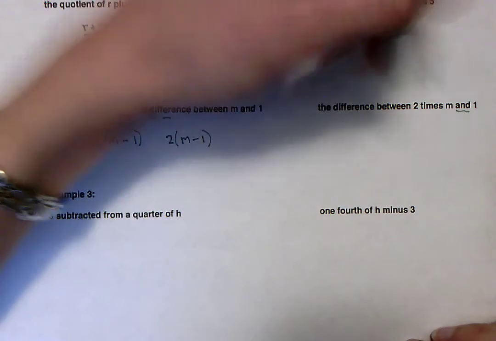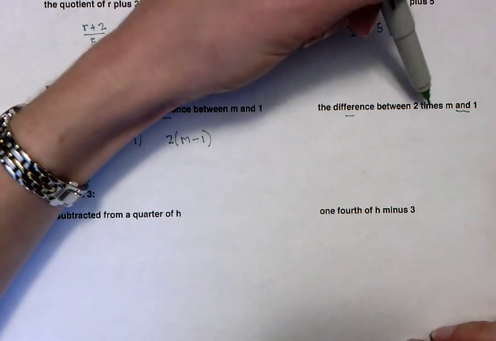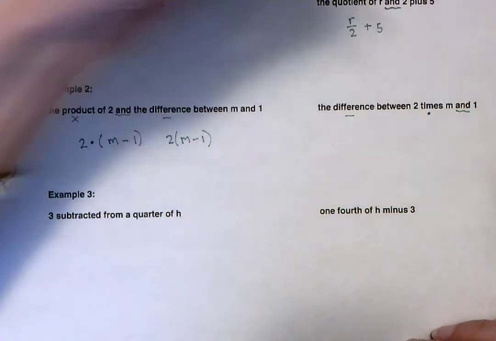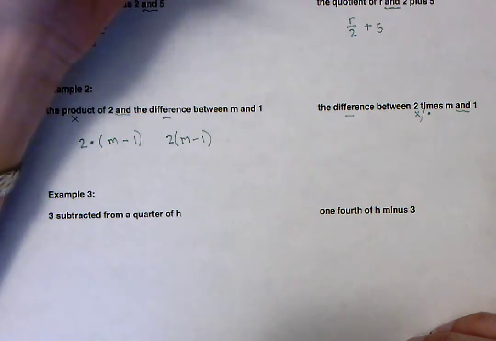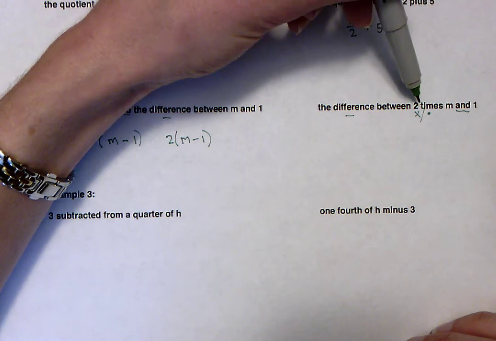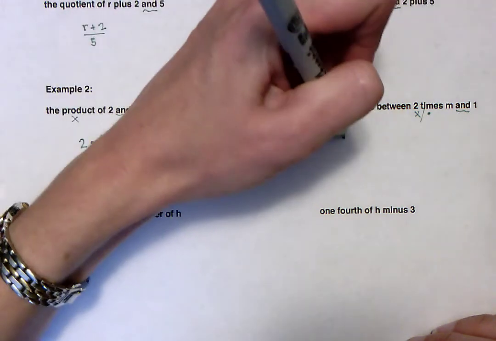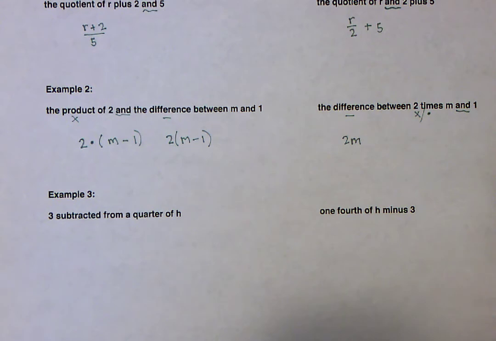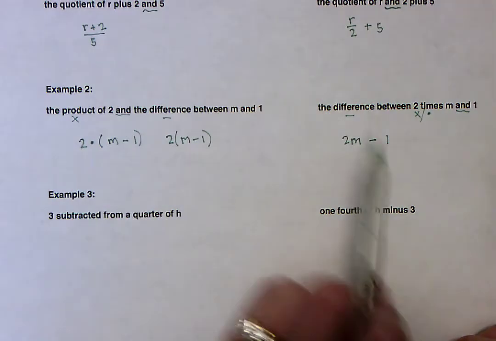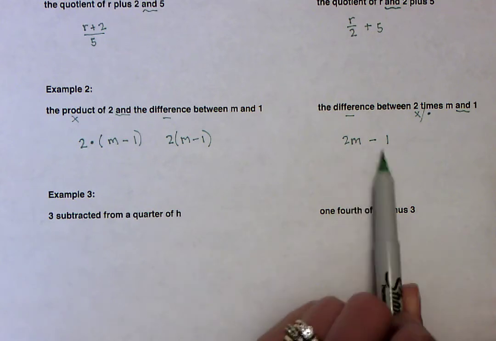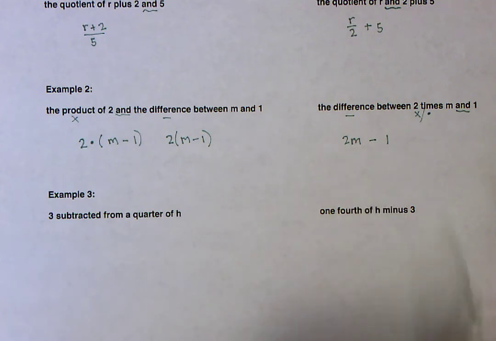So the difference, like we said, means subtract, and then times means multiply, okay? So the difference between 2 times m, so we're going to say 2m, or we can put 2 times m if you want, and 1. So that shows you the difference between 2m and 1. Okay, just a little bit different.